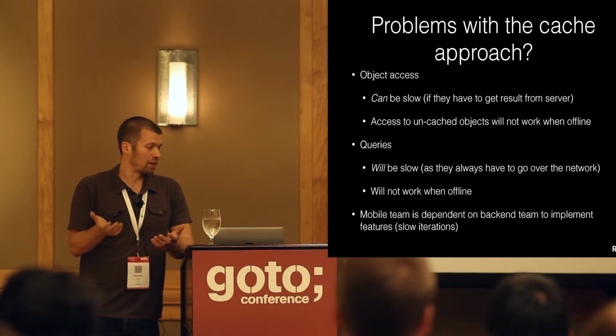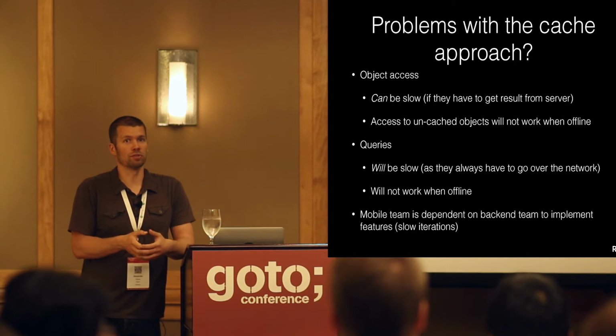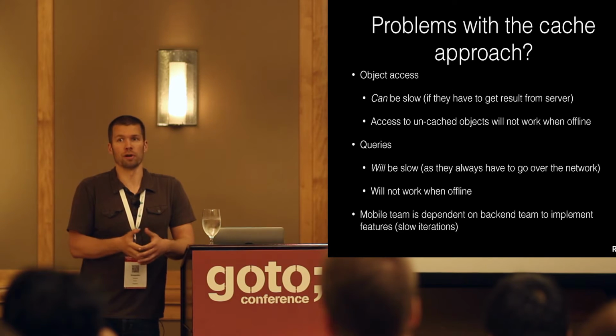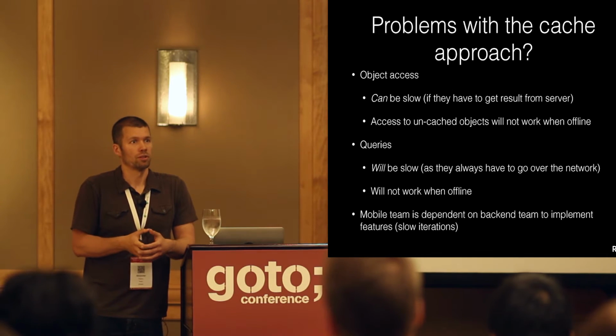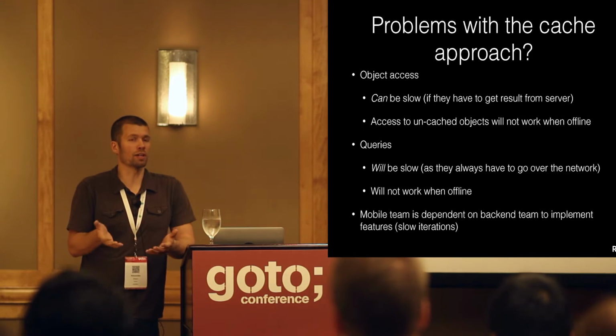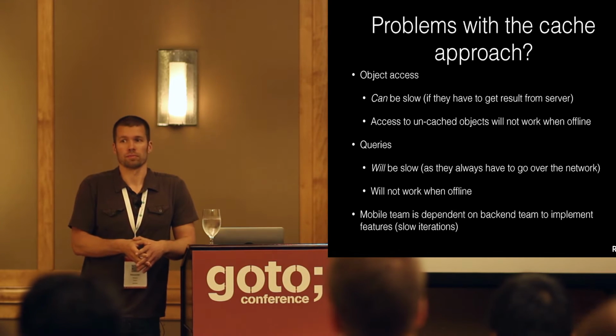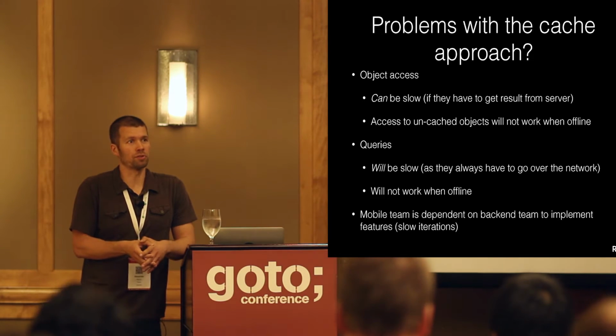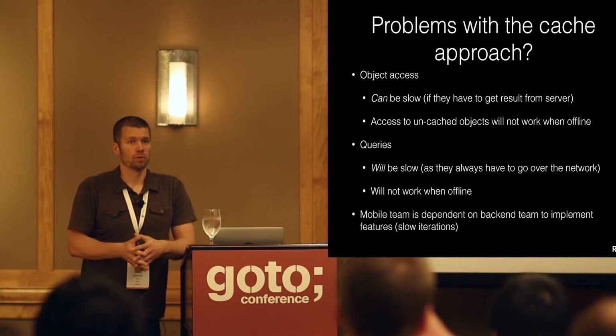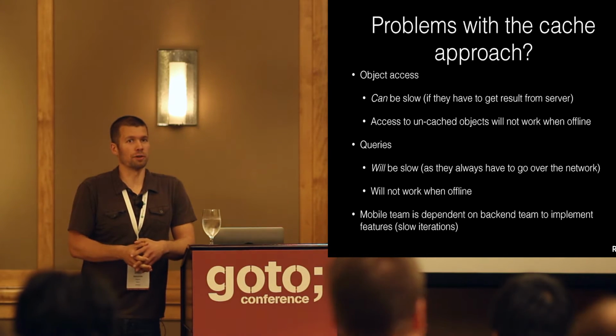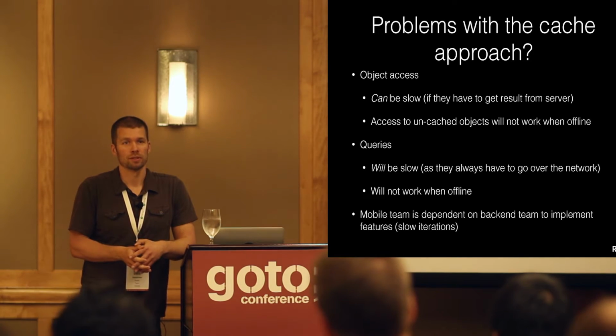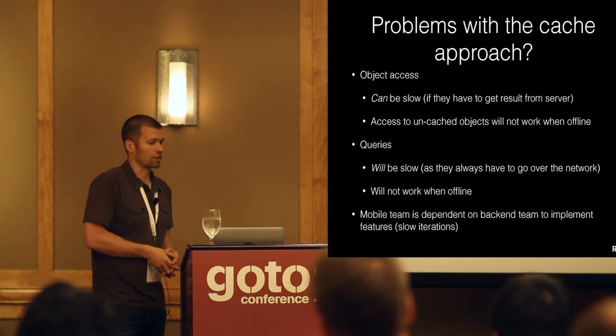And also, the moment you have no connectivity, everything that needs to do queries in your app essentially grinds to a halt. Because the fundamental fact is you can't do a query on data you don't have. And if you only have a subset of the data cached, well, you can't really do a query and expect to get a correct result. So that kind of sucks.